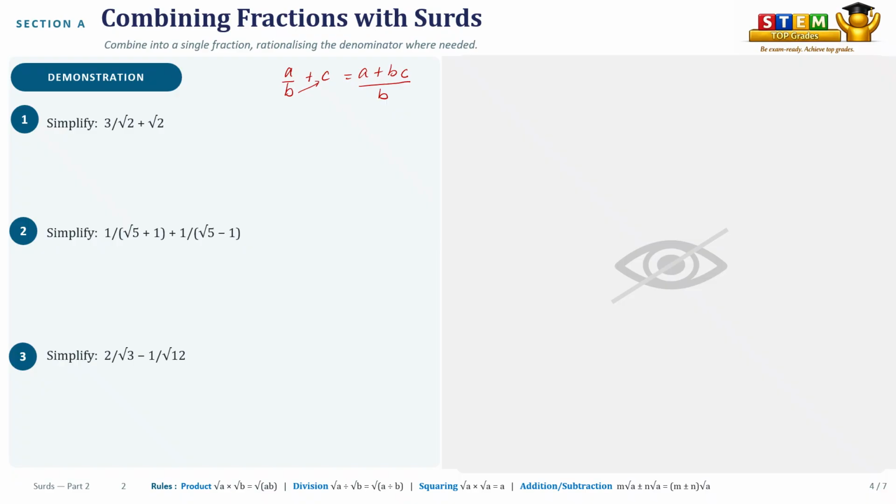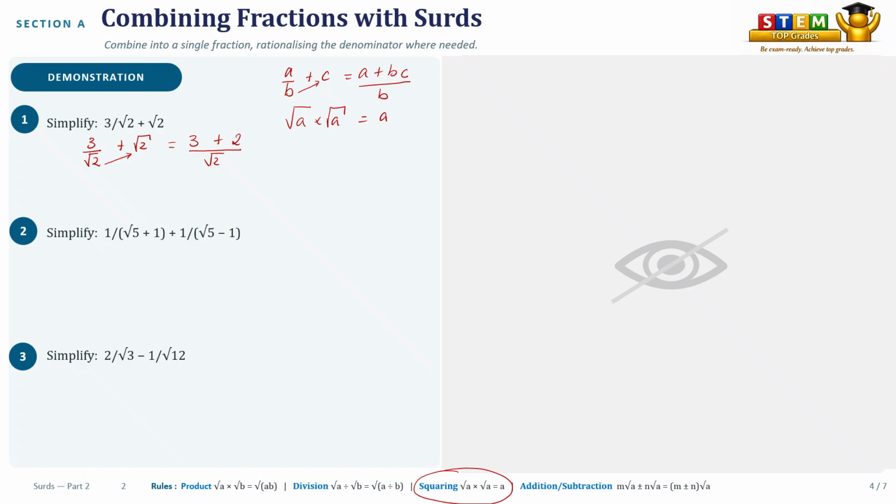Now, if we have here 3 over root 2 plus root 2, we're going to multiply this across. We're going to get 3 plus, now if you remember the rule where we said root a times root a is going to be equal to a, that's the squaring rule. So root 2 times root 2 is going to give me 2, and the whole lot will be over root 2.